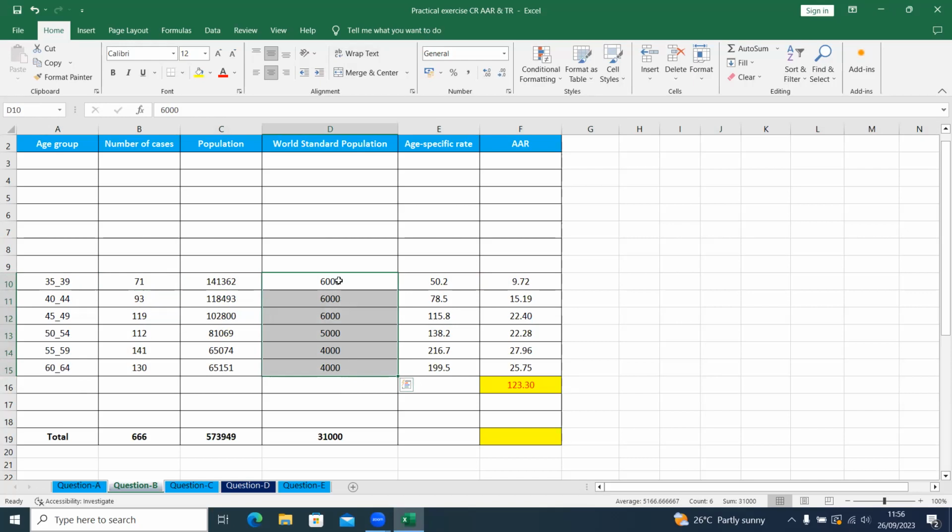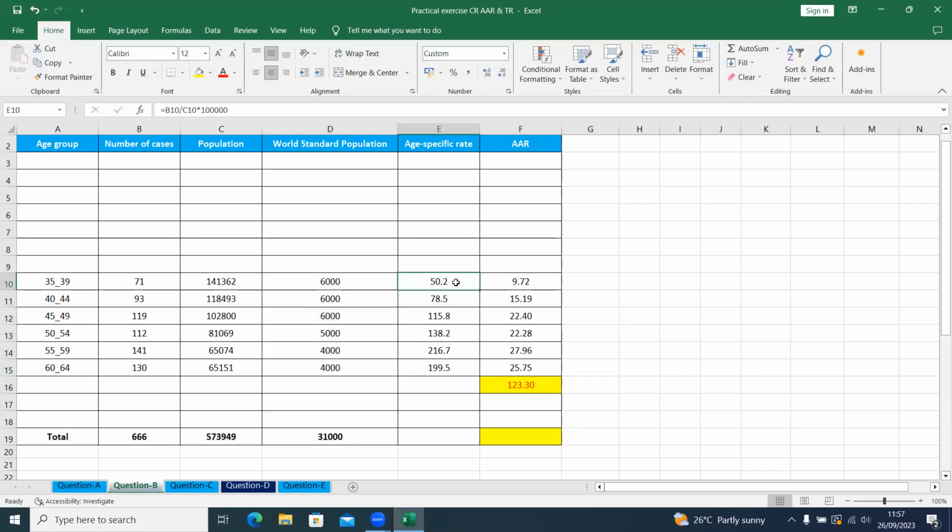The addition of this world standard population from the age group 35 to 64 is 31,000. Is this clear? How does this 31,000 come? The addition of world standard population from the age group 35 to 64 is 31,000.